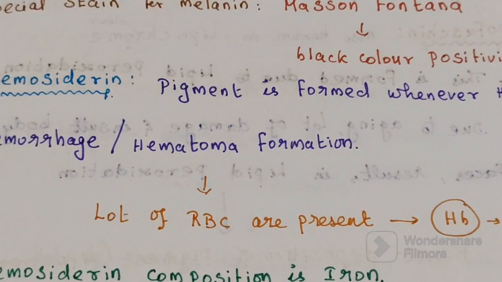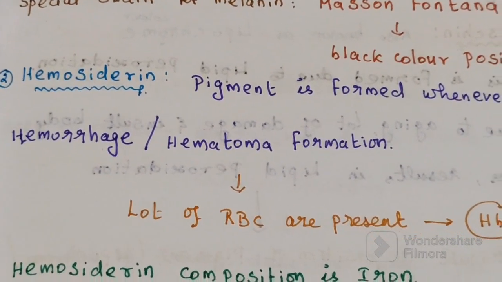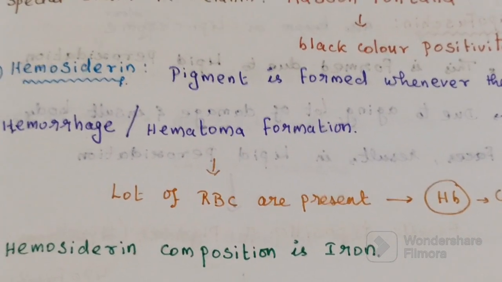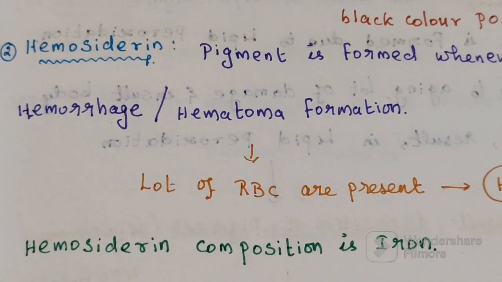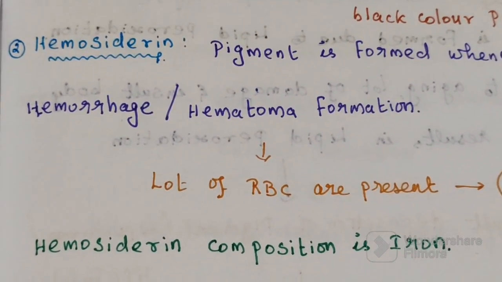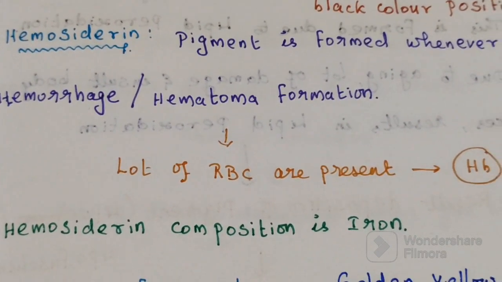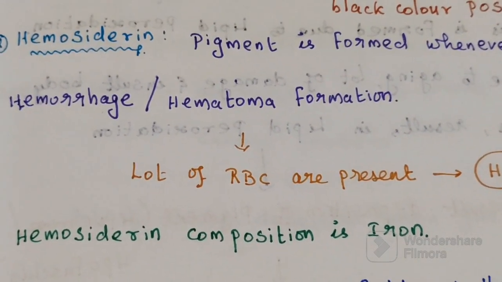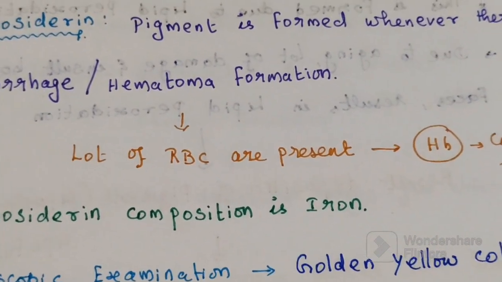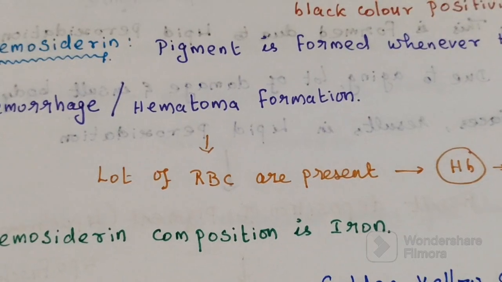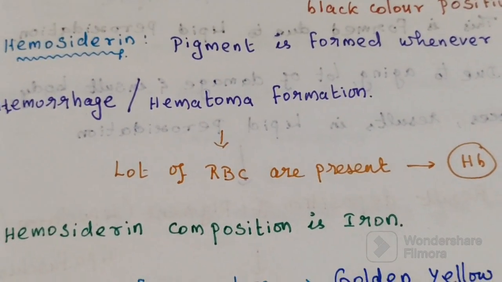Whenever there is hemorrhage or hematoma, a lot of RBCs are present. What is there in RBC? Hemoglobin, which contains iron. So indirectly, hemosiderin's composition is iron.